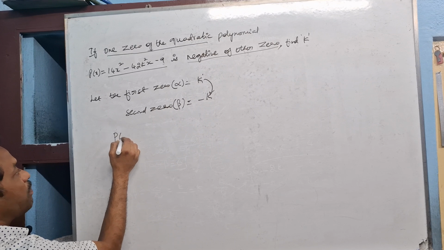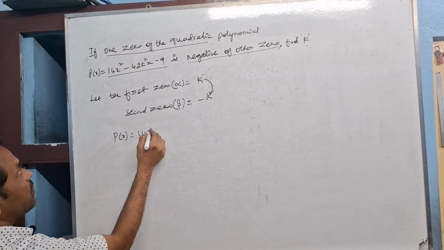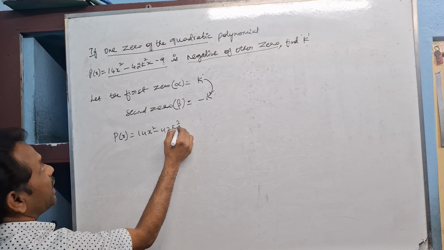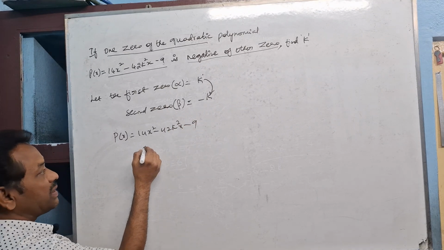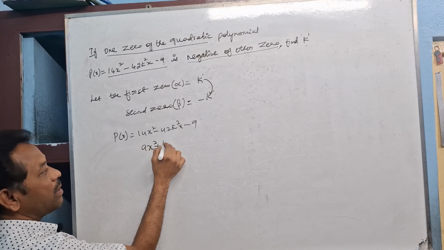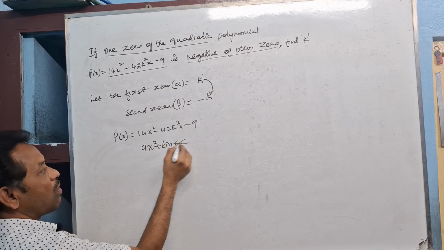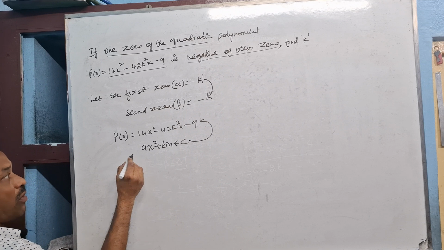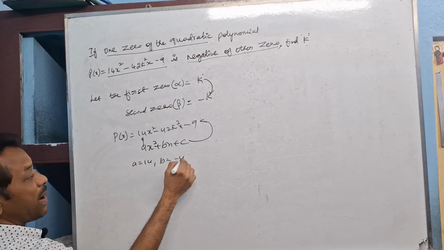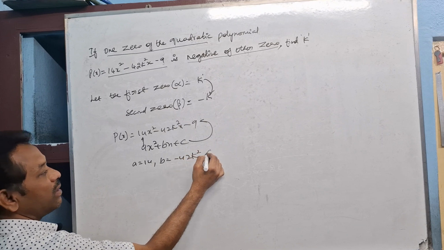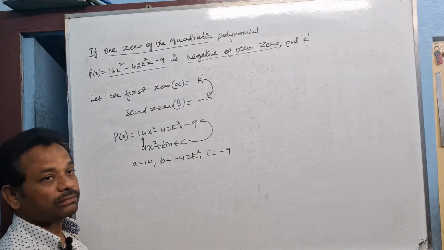Now our polynomial is 14x² - 42k²x - 9. Let us compare with the standard form ax² + bx + c: the value of a will be 14, b is -42k², c equal to -9.